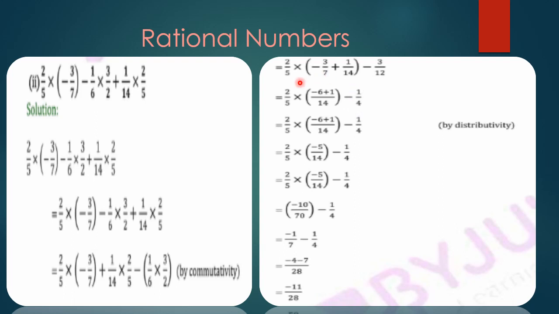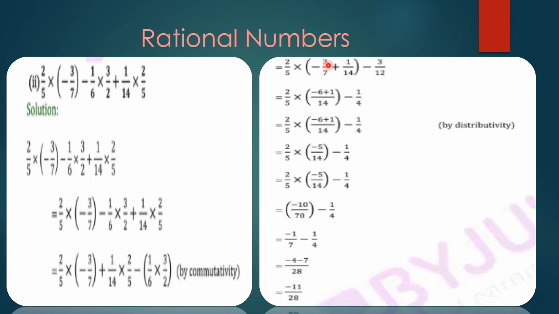Now in the next step, from the first two we take 2 upon 5 common. So 2 upon 5 into, in the bracket, the remaining of the first part, minus 3 upon 7, plus the remaining of the second part, that is 1 upon 14, minus 3 upon 12. Then the next step is 2 by 5 into, for 7 and 14 the LCM is 14.